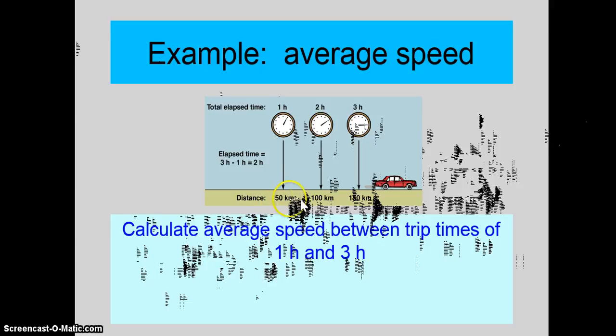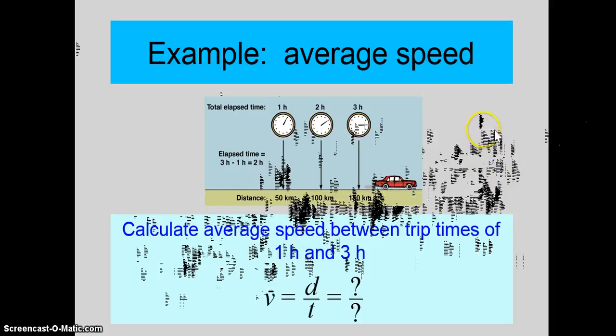So let's say the starting position was 50 kilometers. 150 minus 50 would be 100, and then divided by the total time, which is 2 hours. You can actually just do that in your head. 100 divided by 2 is 50, so it would be 50, and the units here are kilometers per hour. Sometimes we'll use that. And this is another way of writing average, it's like a V.